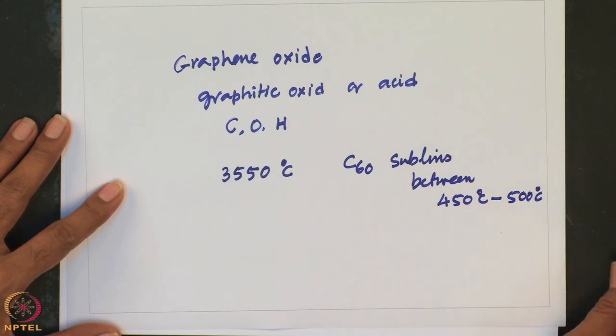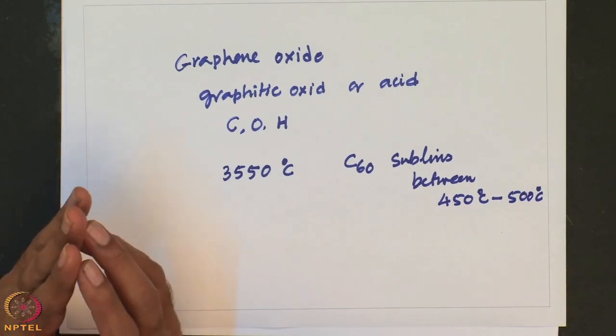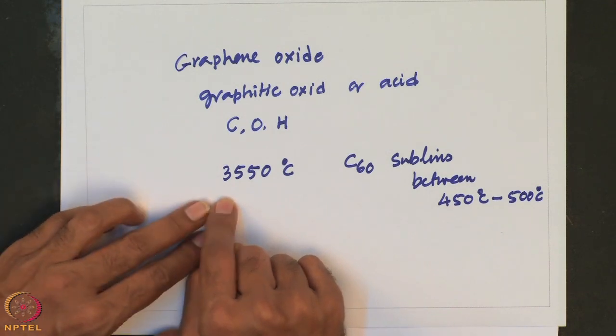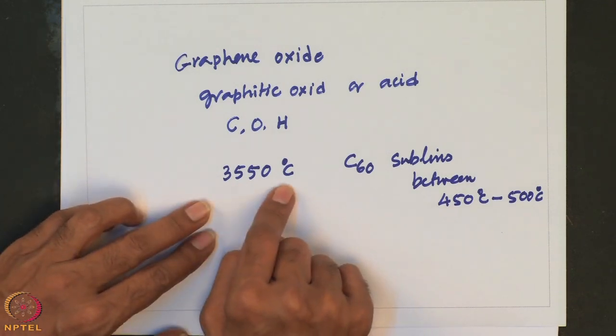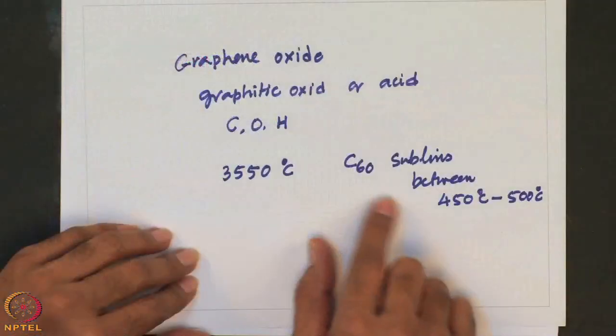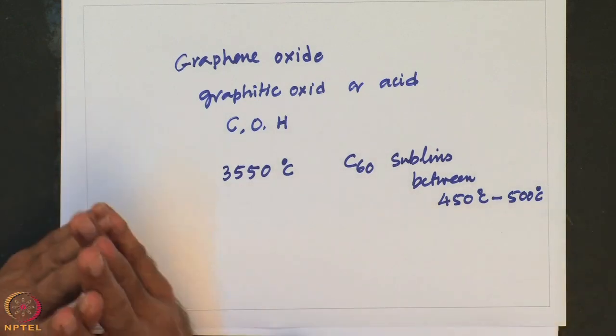Why is this difference? Melting point of diamond or graphite is greater than 3550 degrees centigrade. Only carbon atoms are there. In C60 also only carbon atoms are there, no hydrogen atom or anything else, but here it sublimes at between 450 to 500 degrees centigrade.